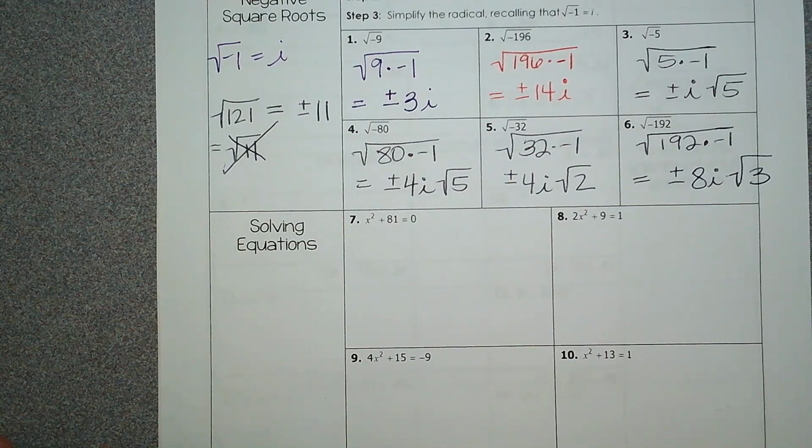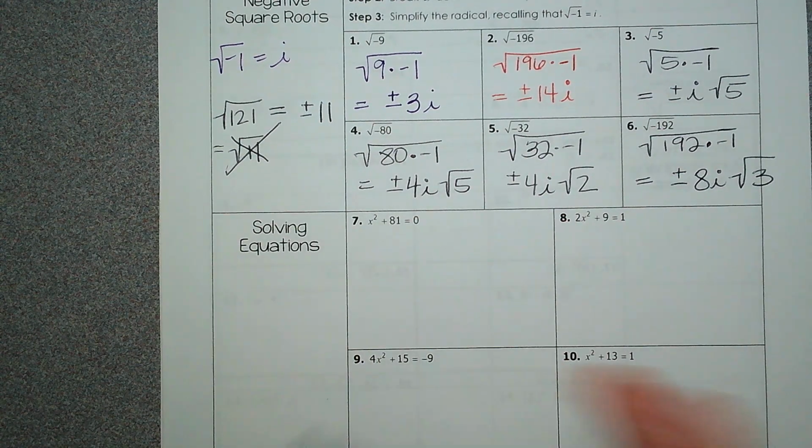All right, when solving equations, we can also use imaginary numbers, especially when our answer has a negative under the radical. When I'm solving an equation, I have to isolate the variable. I'm trying to get x by itself. What should I do first?